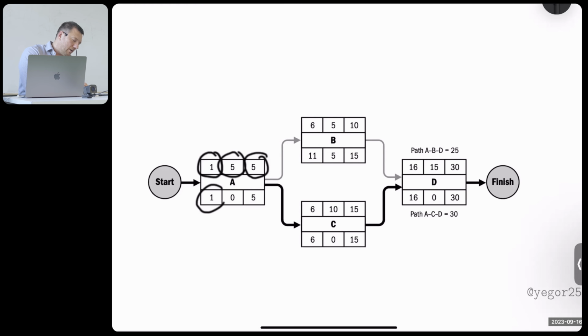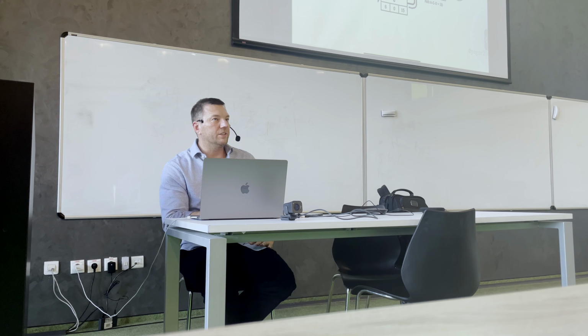This is the latest day when the activity can start. And this is the latest day when the activity can finish. So for each activity, we give the possibility to move in the schedule. Now, you see that this line is bold and this line is bold. This one and this one. This is called the critical path.